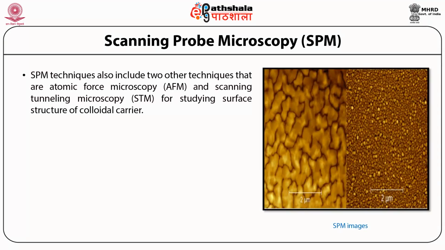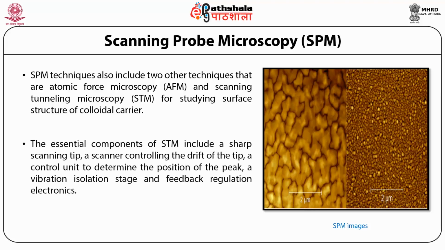Scanning probe microscopy, or SPM, techniques include two other techniques known as atomic force microscopy and scanning tunneling microscopy for studying the surface structure of the colloidal carrier. These techniques are basically responsible for the revolution in nanoscience, because after the development of AFM and STM, we are able to see particle sizes and structures in the nanosize range.